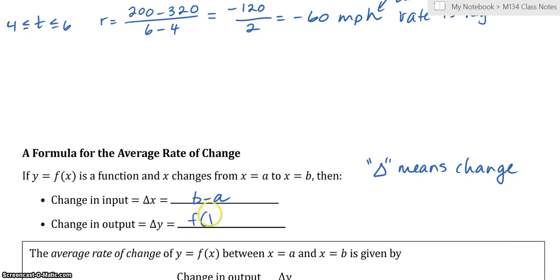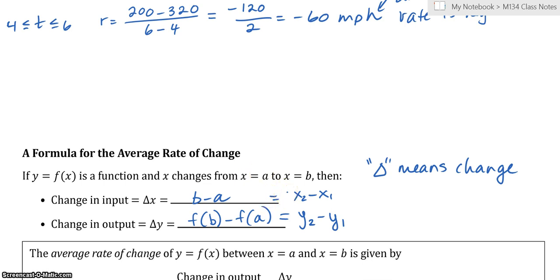F of the new minus f of the old. In other books, sometimes you might have seen y sub 2 minus y sub 1, right? Because we don't know what those y's are. Sometimes you see this as x sub 2 minus x sub 1.